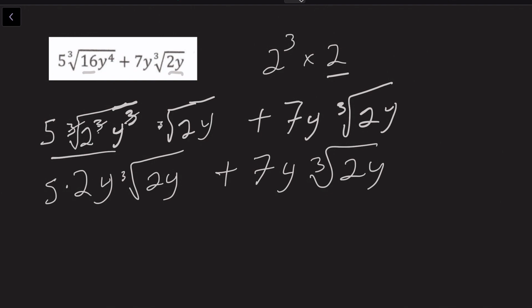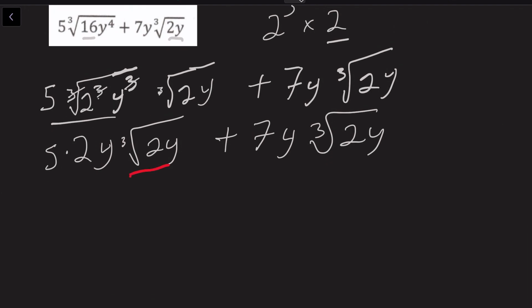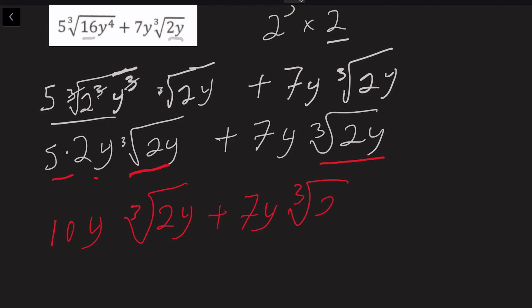Now we see that both of our radicals are the same, and even our terms are the same. We have a whole number multiplied by the variable y. 5 times 2 is 10y cube root 2y plus 7y cube root 2y.